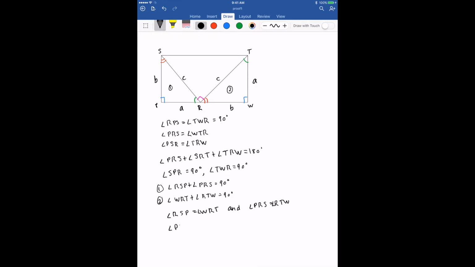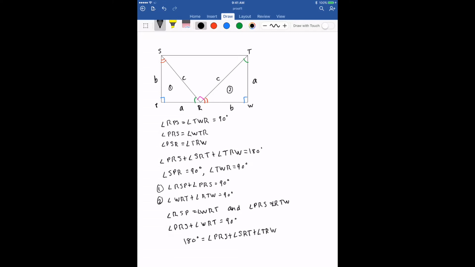So angle PRS plus angle WRT are going to add up to be 90 degrees. So now we know that we have 180 degrees as our straight line, which is going to be equal to angle PRS plus angle SRT plus angle TRW.